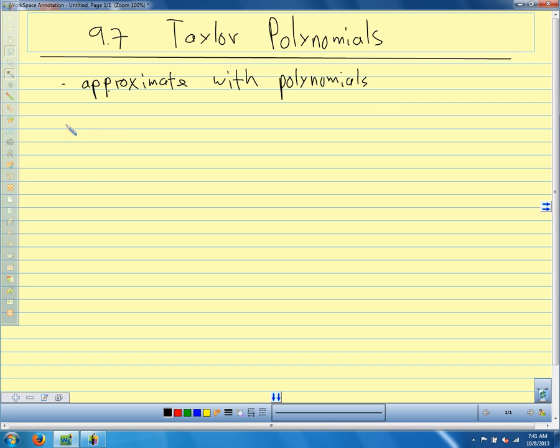So for this section, we're going to call our polynomial p of x. That's our polynomial. And we're going to start our procedure by picking a point C in the domain of f.